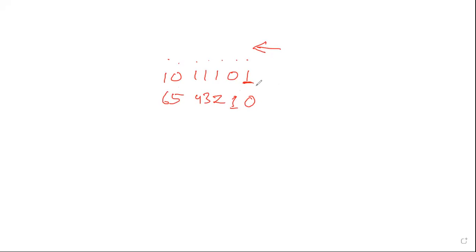So in the first task, I counted the number of digits. 7 digits are there. I started with the 0 position and gave the position of all the digits. This one is at 0 position. This one is at first position. This one is at second position. That is step 1.